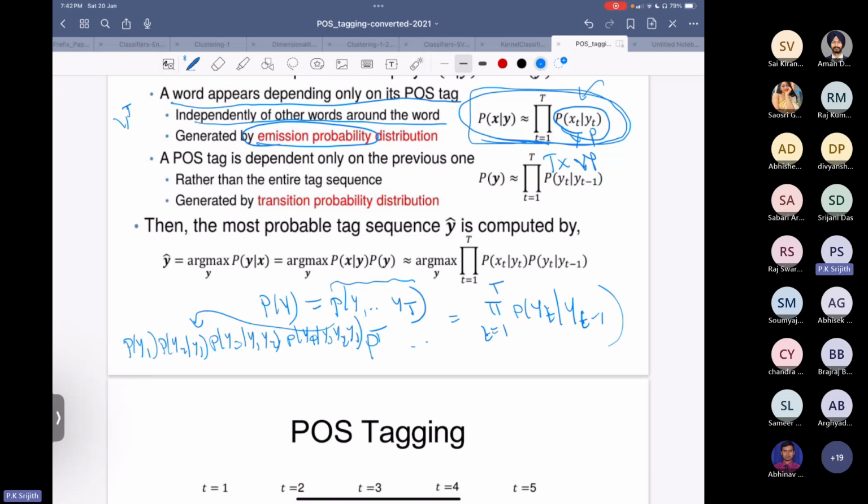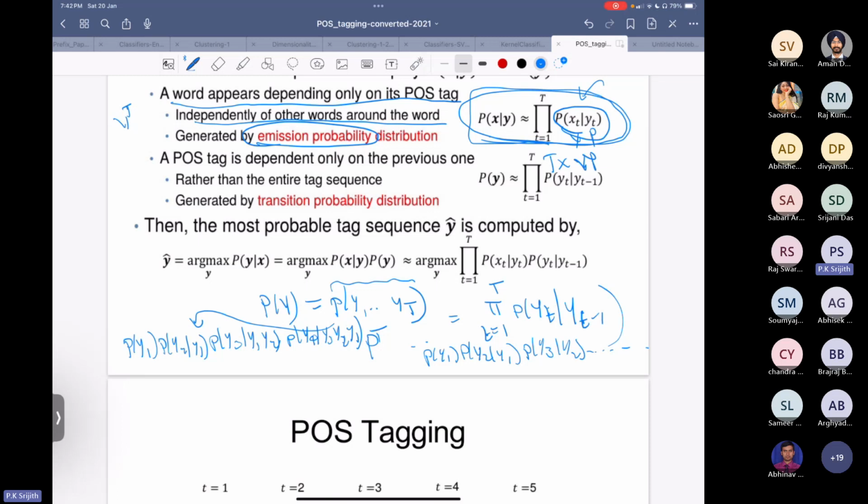And that is known as the first order Markov assumption. And you can write this as p of y1 into p of y2 given y1, p of y3 given y2, etc.